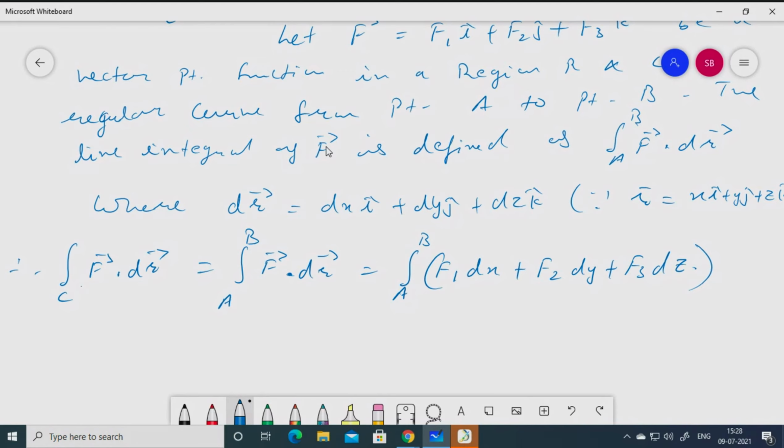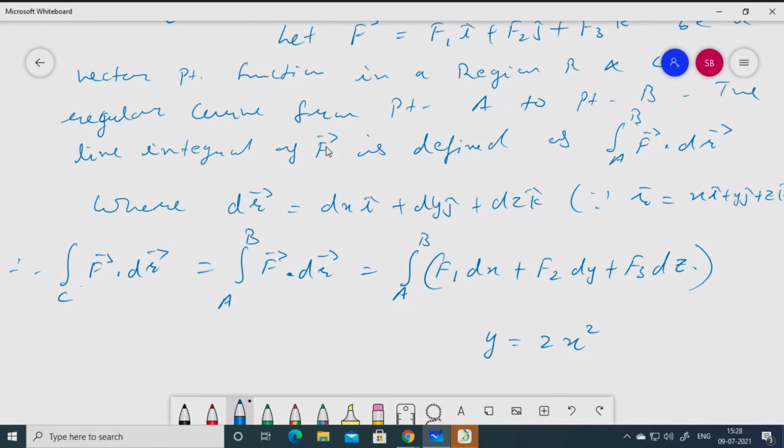Suppose I give some vector in terms of x, y and z, and ask you to find the line integral where the curve is y equal to 2x square in the xy plane.